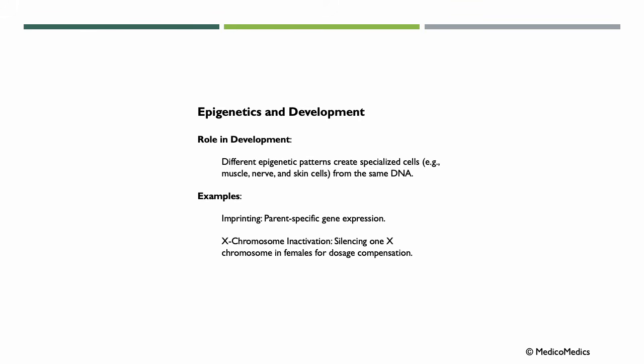Now let's talk about epigenetics and development. As we mentioned, epigenetics refers to changes in gene expression that do not alter the DNA sequence, but affect how genes are turned on or off. These modifications are crucial for cell differentiation, where different cell types like muscle, nerve, or skin cells develop from the same genetic material.